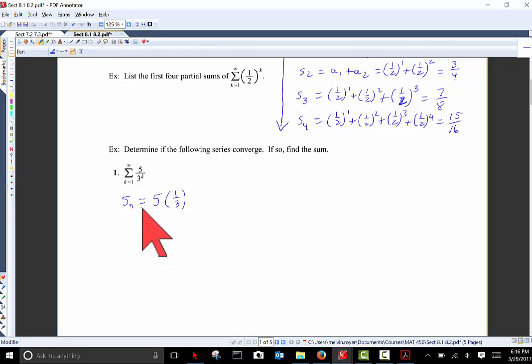So in the S sub n, the first term has a 1/3 to the first, then there's a 5 times 1/3 squared, 5 times 1/3 cubed, and plus a lot more terms probably, and the very last one, since I'm looking at the first n terms, is going to be 5 times 1/3 to the n.